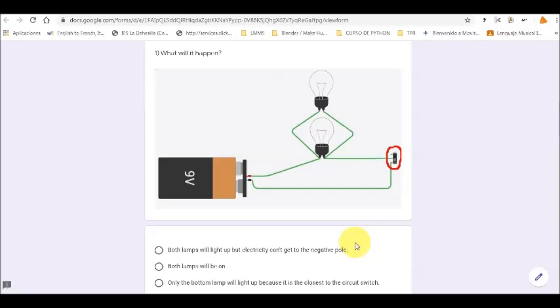I hope so. Okay, I'm here to explain to you the right answers in your circuit assembly test that you took last week. Okay, so this is the first exercise, right? There are two lamps connected to a switch. Circuit switch in this position, right?